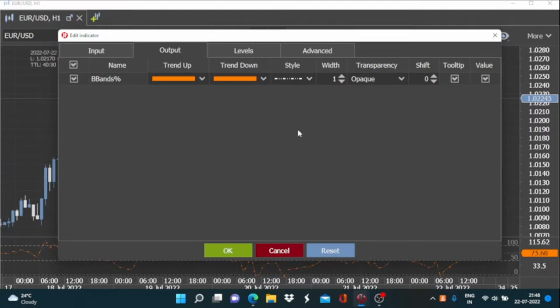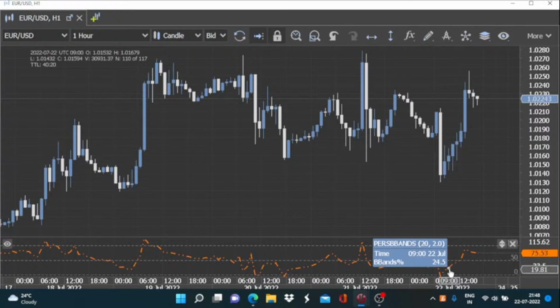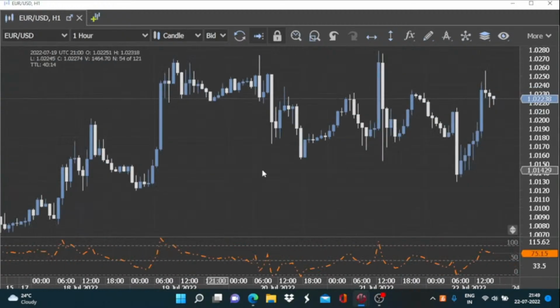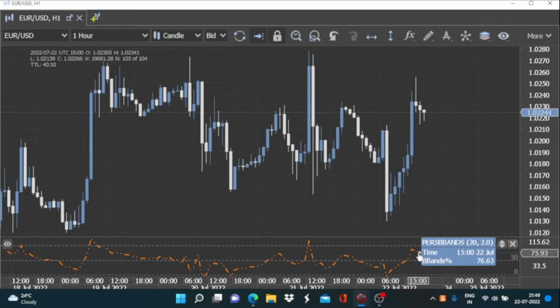If you want your line to look more stylish, you can go for this kind of formation. All right, so this is now looking a lot more stylish than what we had in the first instance when we were using the simple dark blue line.